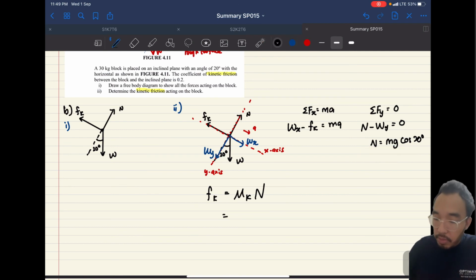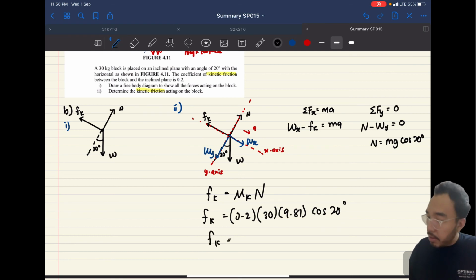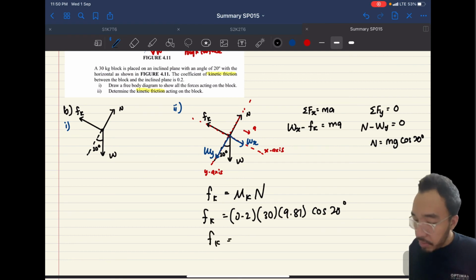Don't assume. So this one is 0.2 multiplied with the n, which is 30 times 9.81 cos 20 degrees. So the solution is actually easier than I expected. I got 0.94, so it will be in Newton.